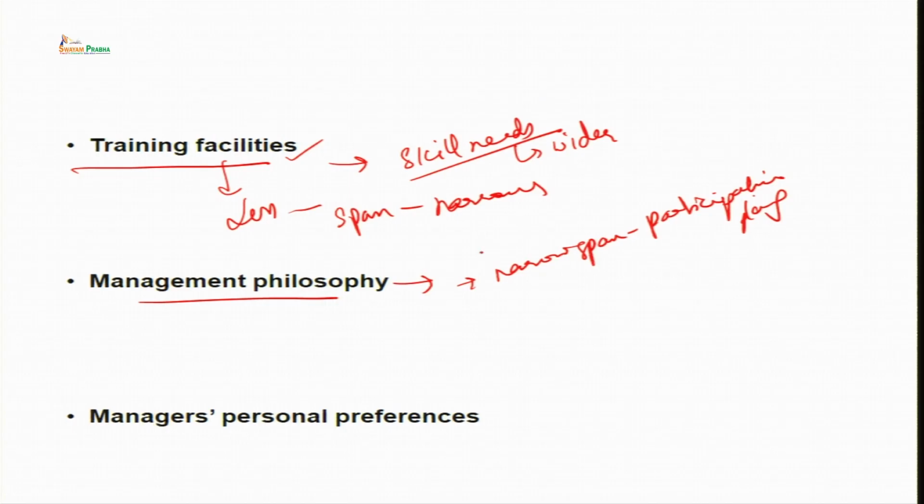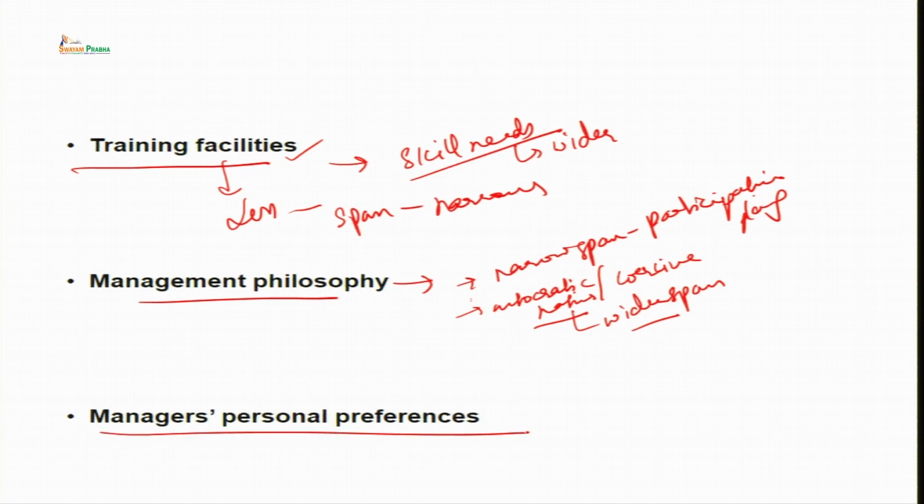While if they have an autocratic nature or coercive approach in their communication system, they can have a wider span. So, in an autocratic and coercive approach, they can have a wider span.